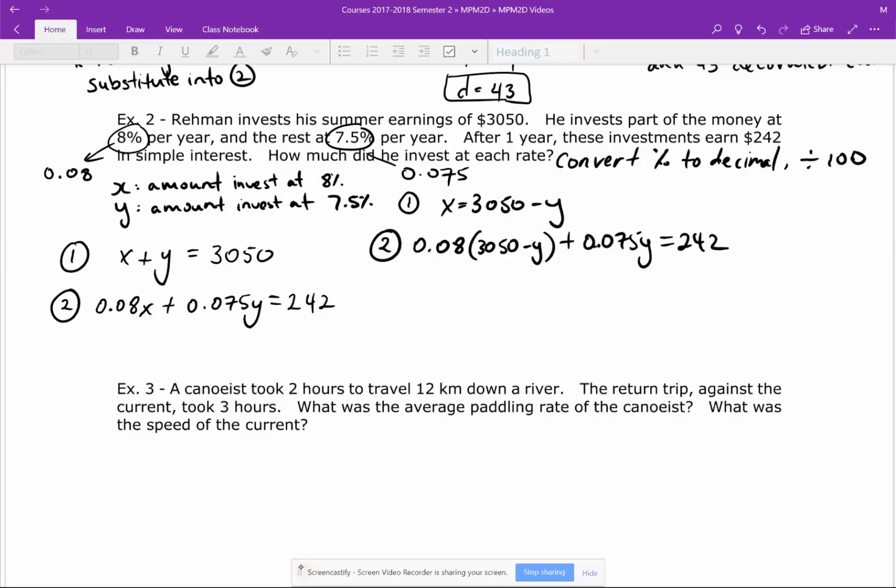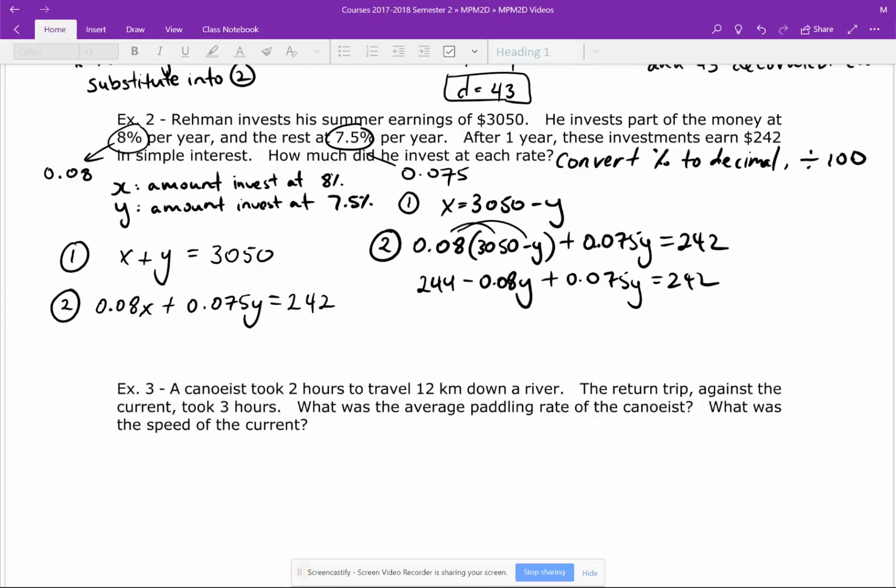It's always a good idea to put your substituted variables in brackets, because there are two terms here. You're going to be expanding, so you have to be multiplying those two. Okay, so 0.08 times 3050 is 244 minus 0.08y plus 0.075y equals 242.